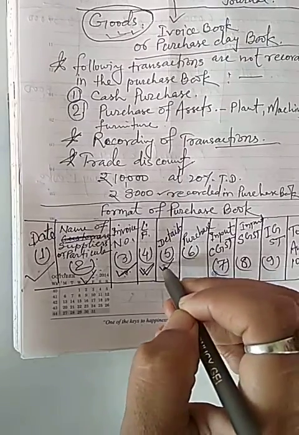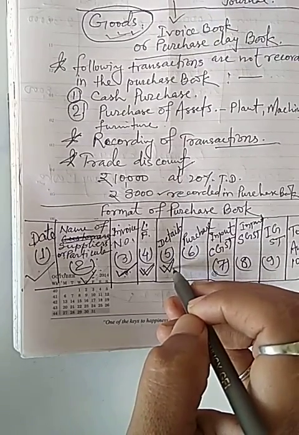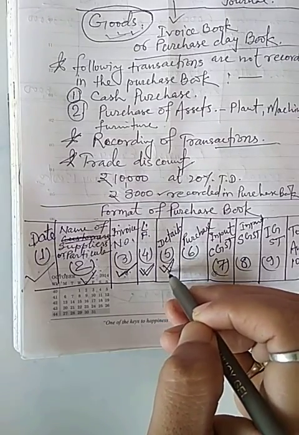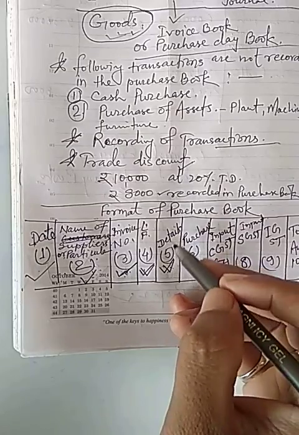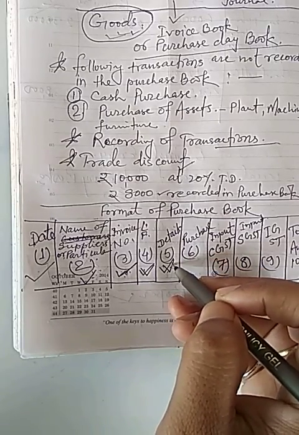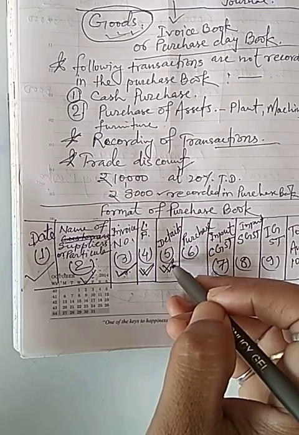Fifth column is related to details. This column is used to write the individual amount of different items purchased from a particular supplier.